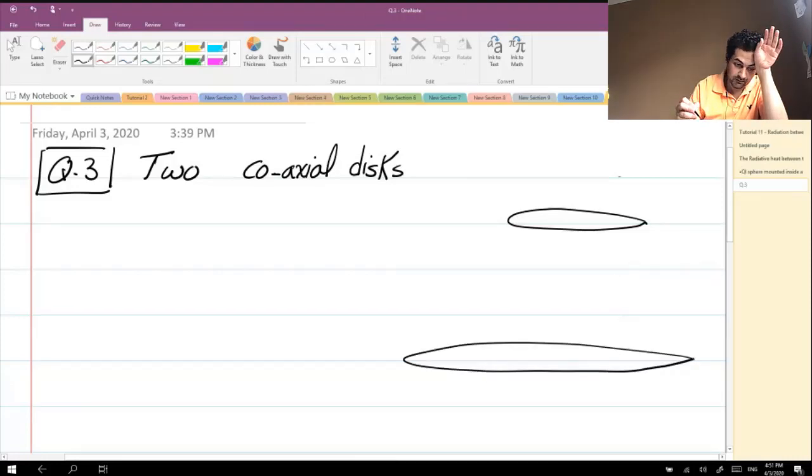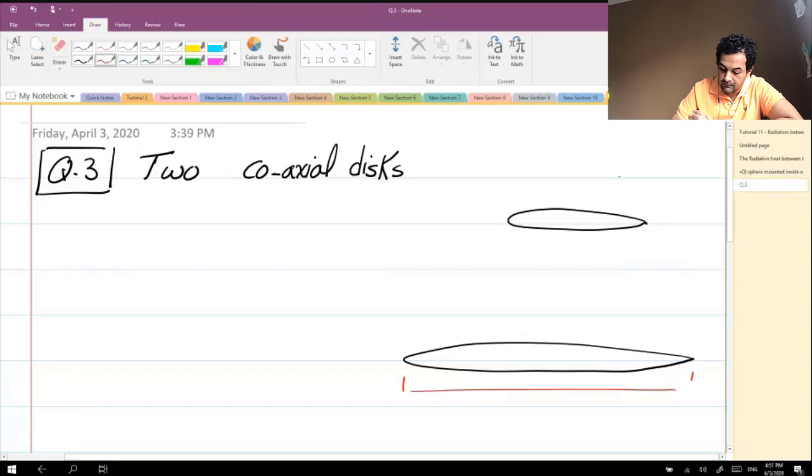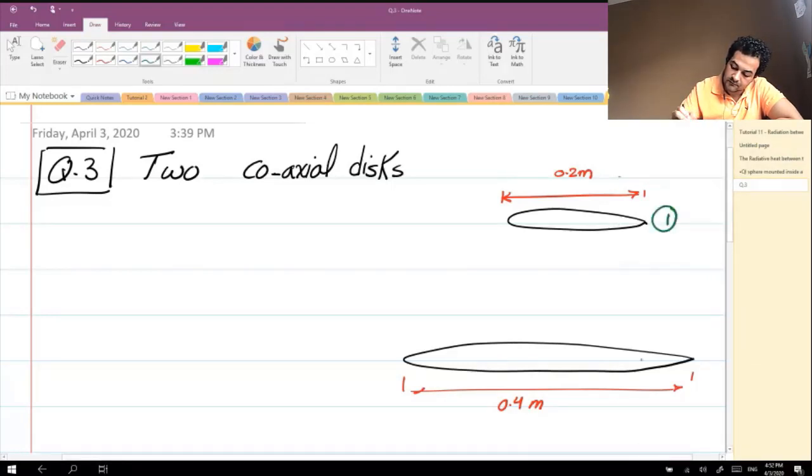One disk has a radius bigger than the other one; that disk was 0.4 meters and that disk was 0.2 meters, the diameter, right? And as I told you, you have to number the surfaces 1 and 2, or i and j, right?